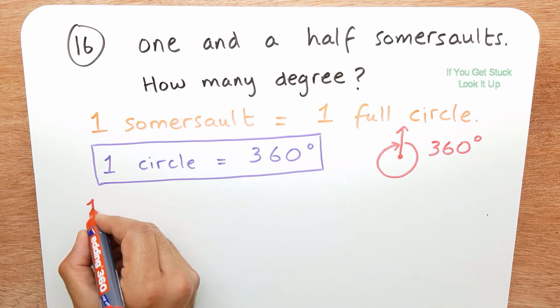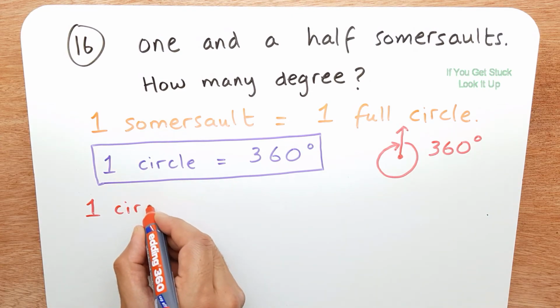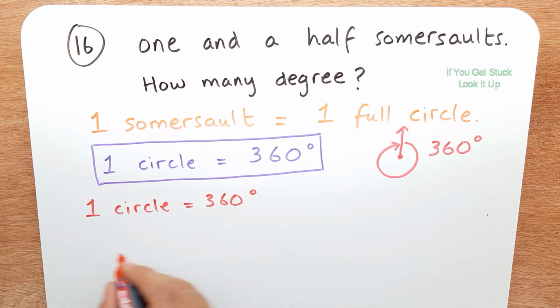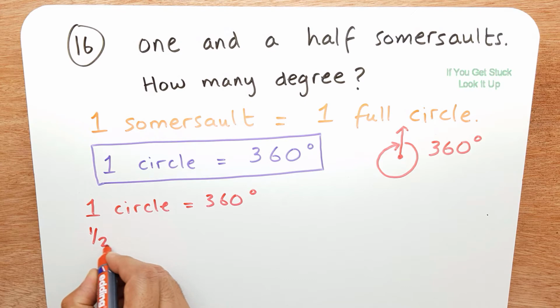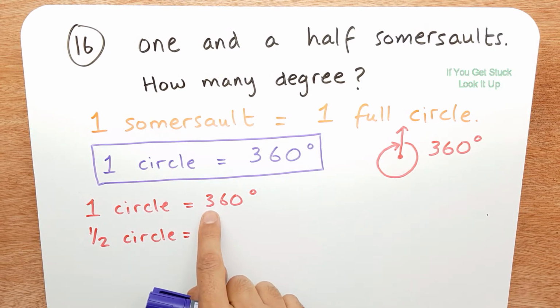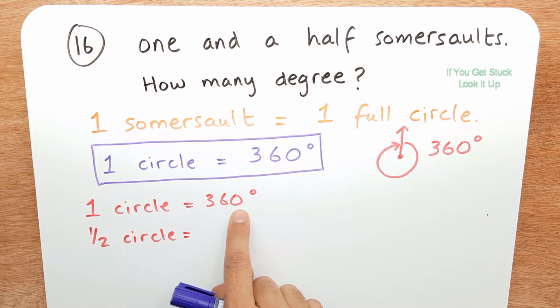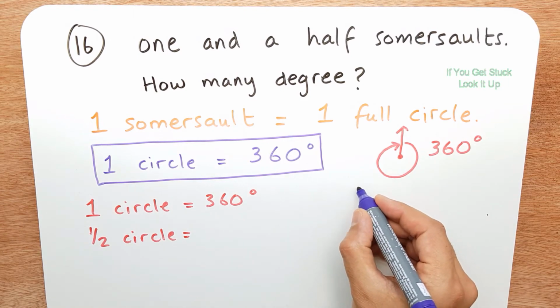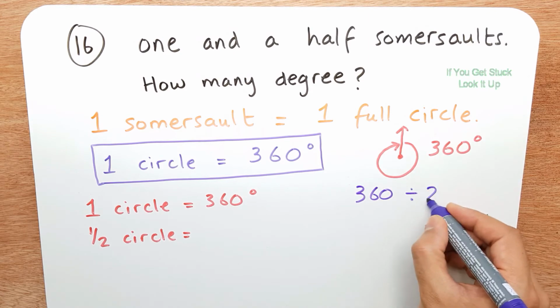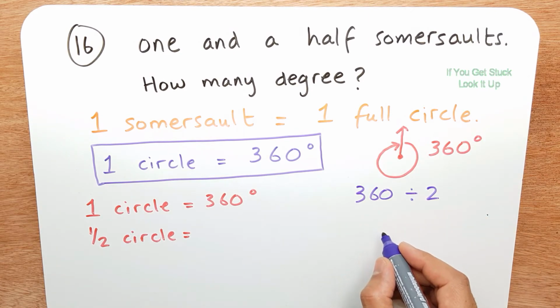So we know 1 circle equals 360 degrees. We need to work out what half a circle is. And what we do, we simply divide 360 by 2. So this is our calculation, 360 divided by 2. Now what we can do is the bus shelter.